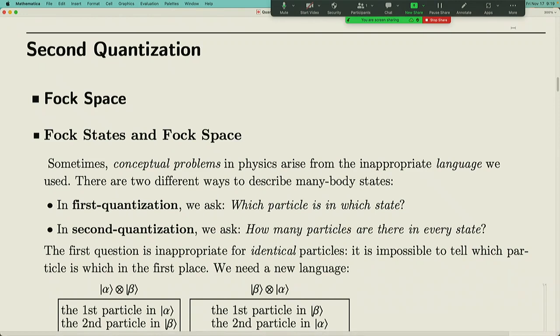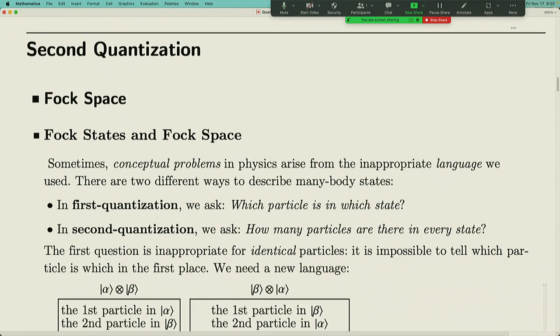Previously, we had n particles, and we asked what state I should fill into these particles. Now we are asking: we have these different states, and how many particles should I fill into each state? So that's two different ways of thinking about this problem.